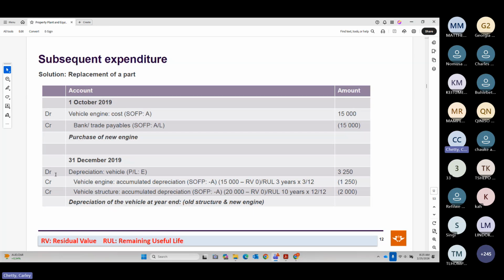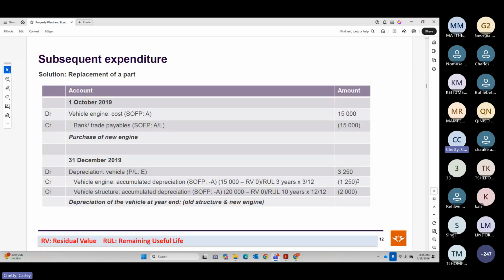So when we add up, we're going to credit vehicle structure, accumulated depreciation, and we've already got the accumulated depreciation for the engine. So you can see we've provided the accumulated depreciation separately. And then we're going to debit depreciation vehicle, which is an expense in the statement of profit or loss, with the sum of the depreciation for the current year.